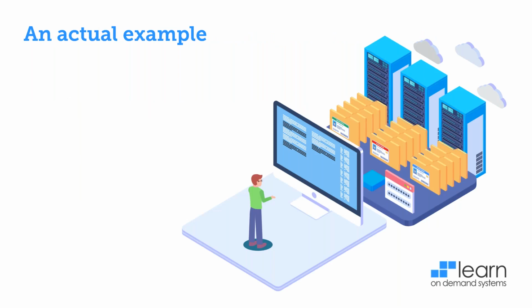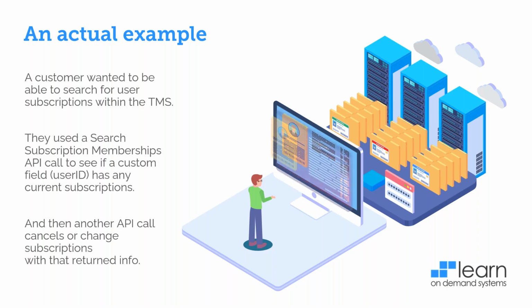So I'm going to use an actual example here. This is a customer who wanted to be able to do something a little bit differently than how it normally is done. For example, they wanted to be able to search for user subscriptions within the TMS. The subscriptions were normally a collection, and then you had to go parse that collection and get user accounts or information out of it.